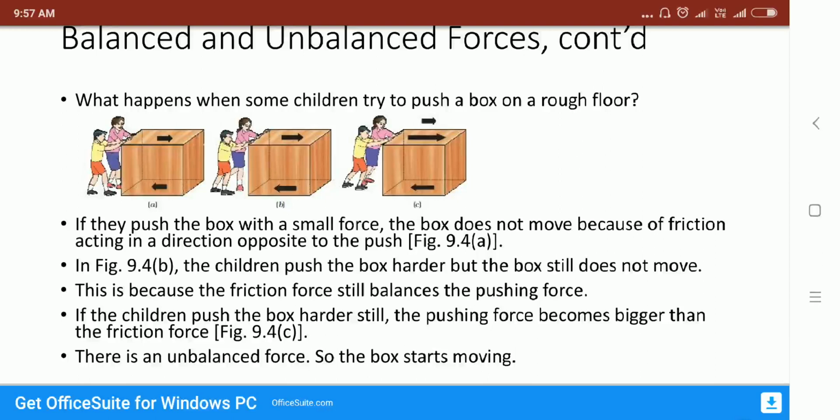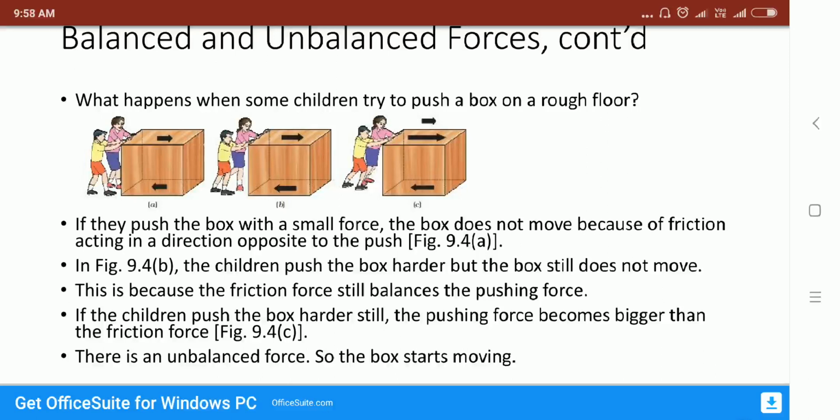If the pushing force given by the children is higher than the frictional force, then only because of the difference of the forces does the box move in a particular direction. So the box gets motion in a particular direction by applying a greater force than the frictional force.